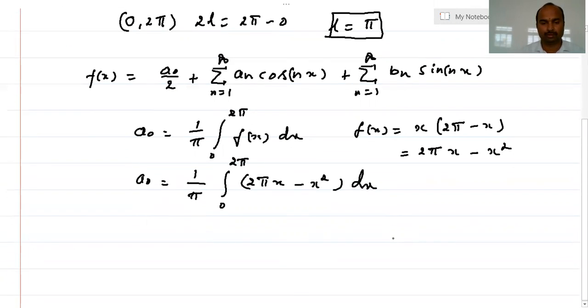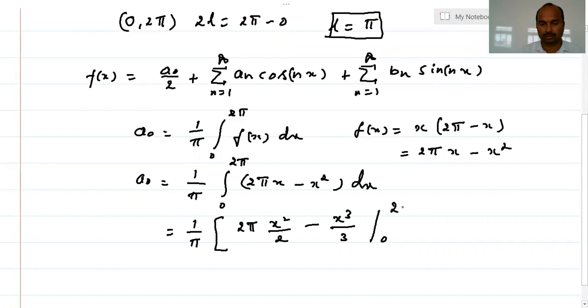Integrate with respect to x. That is 1 by pi is a constant into, here 2 pi is a constant. So x integration is x square by 2 and x square integration is x cube by 3. The limits are 0 to 2 pi.